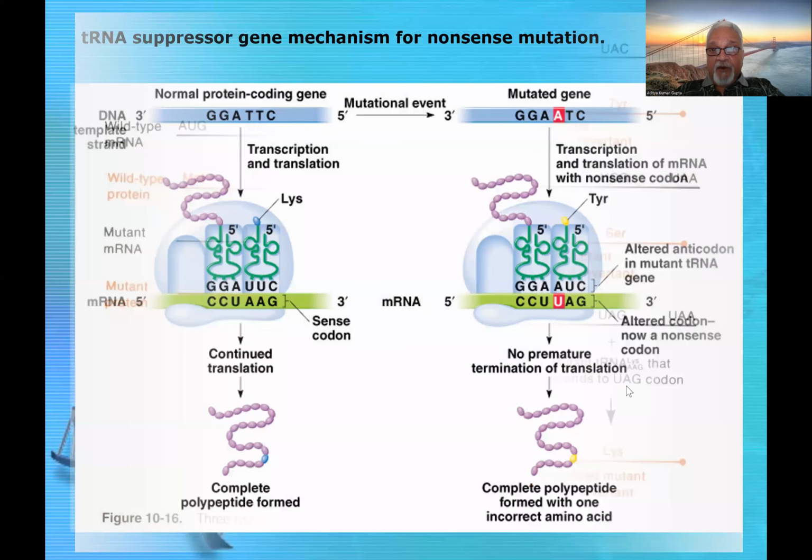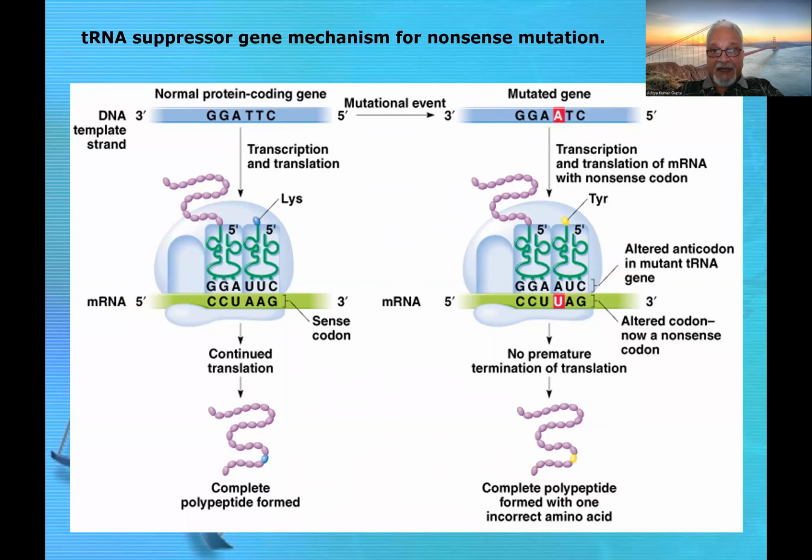Now, okay, to make it more clear what is happening, this is the nonsense mutation happening. Here, this is the normal protein codon, for example, and this is the mRNA. Normal mRNA is produced. UUC and AAG. This is the DNA sequence. This is the mRNA sequence, and this is the protein. Complete protein is made. Okay, like this. After mutation, what is happening at the gene level?